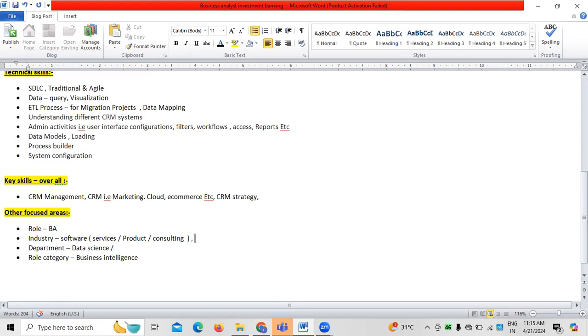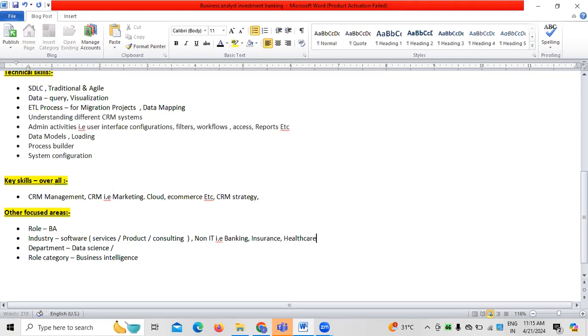Next, it's not only the software industry, even the non-IT sector also. Non-IT sectors like banking firms require business analysts in their organizations, maybe insurance companies, maybe healthcare organizations, right?